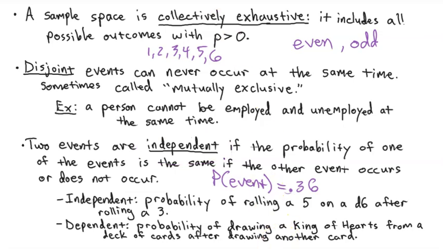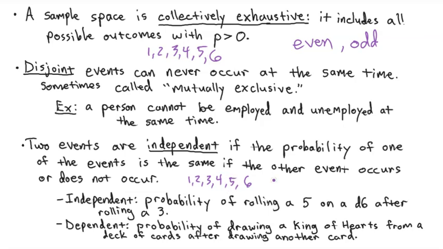And I want to do an example of that right now. You can see right down here we have a couple of examples, and we're going to talk about those. Think about the probability of rolling a 5 on a 6-sided die, okay? There are 6 numbers, 1, 2, 3, 4, 5, 6, and let's assume that each number is equally likely.